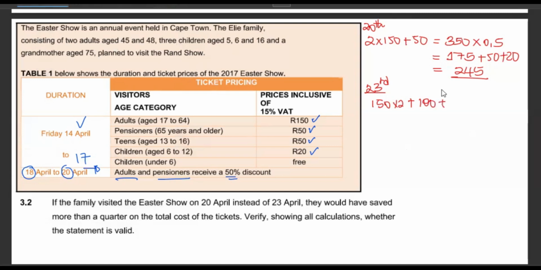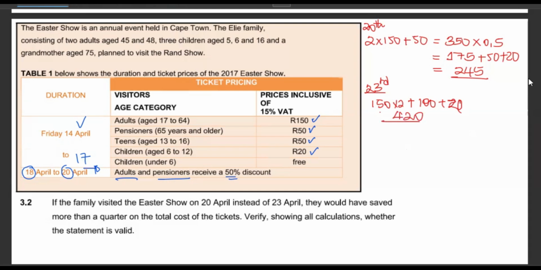Then plus 20, plus 20. So we end up having 420.